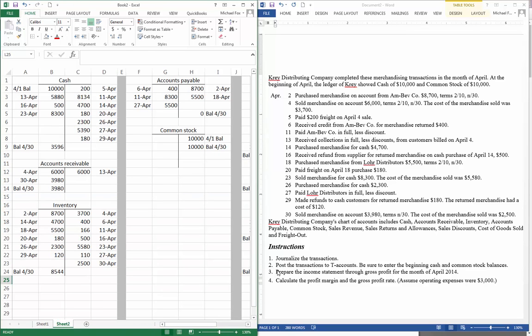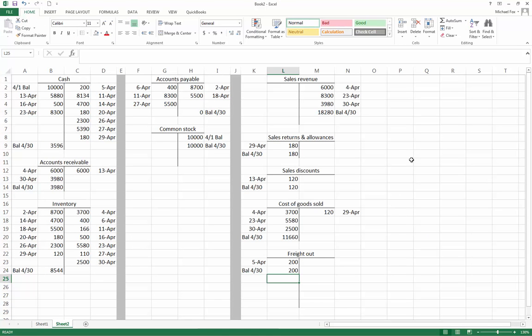Compare the income statement through gross profit for the month of April 2014. So it looks like they don't want a full income statement, just the income statement through the gross profit. We don't have to do all the rest of it. So here's how we'll do it. I'm just going to do it right here on this page so you can see it.